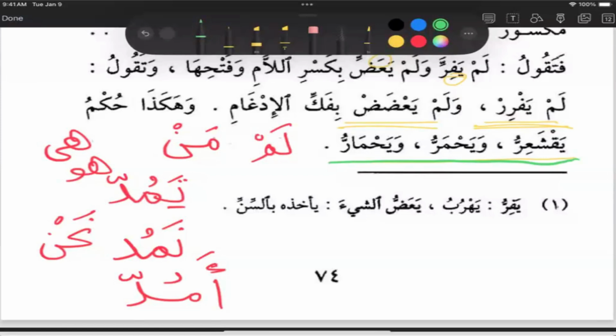Here, Yaqul Sha'ir, you have Qaf, Sheen, Ain, Ra. So this is not a case of MuDaa. And for Yahmar and Yahmar, you have Ha, Mim, Ra.